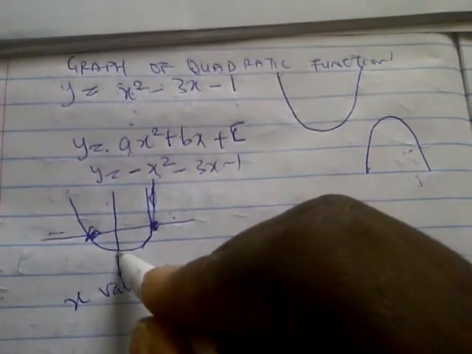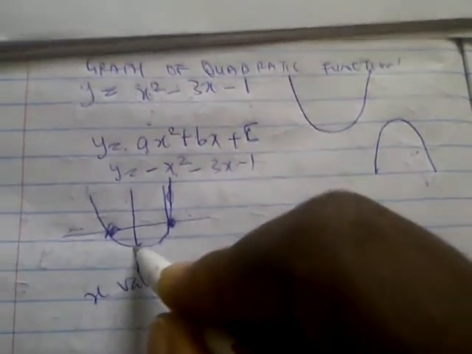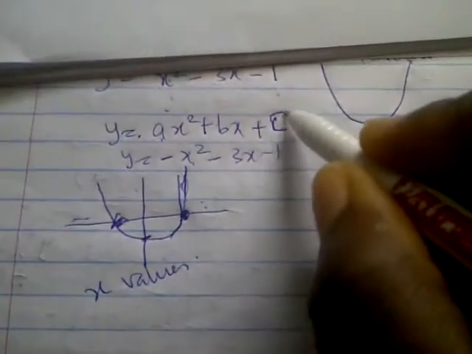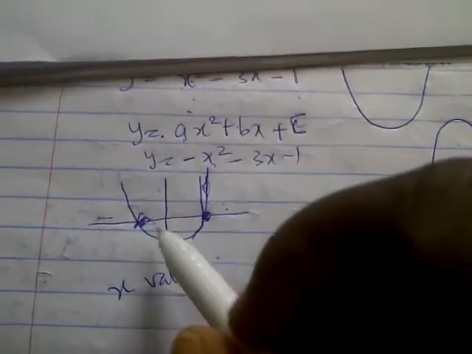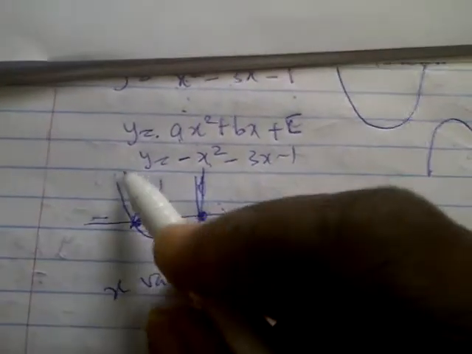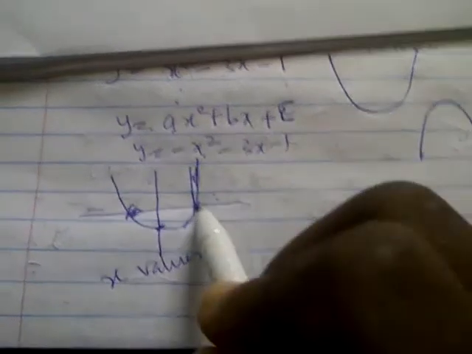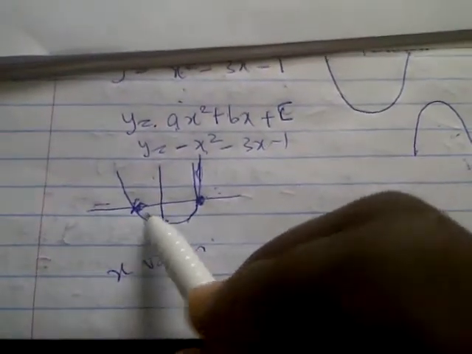And the point where the graph touched the y-axis is your constant value, that's the c. So these are the 3 main points in a quadratic graph: the point where it touches the y-axis and the points where it touches the x-axis.